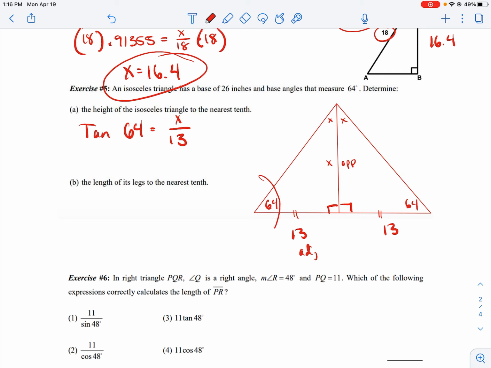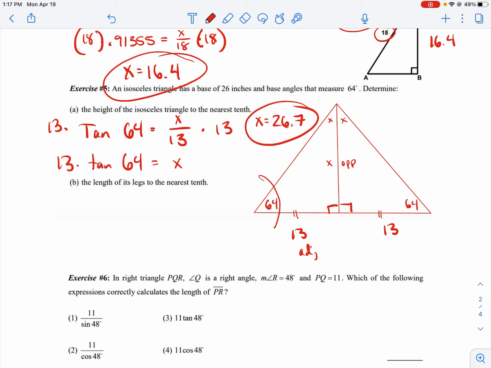Multiply both sides by 13, so 13 times the tan of 64 is equal to x. Tan 64 times 13, x is equal to 26.7.